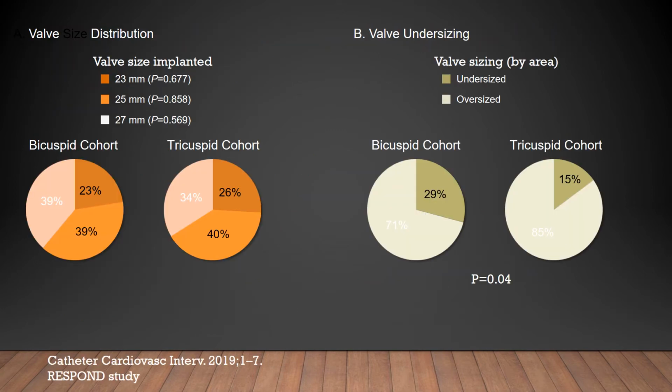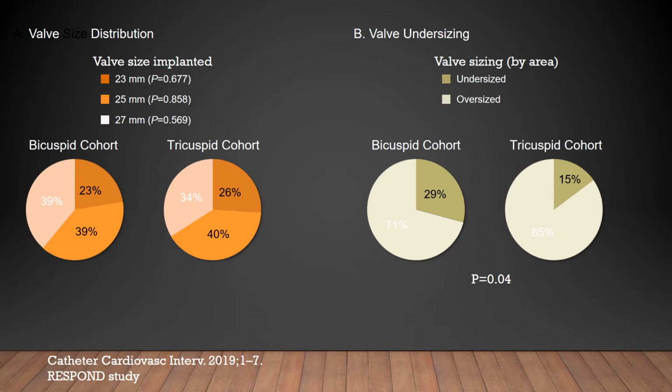So if we go over and look at the REPRISE study, which is now very interesting, if you look at the valve size that was implanted, there was no difference between the bicuspid and the tricuspid cohort.